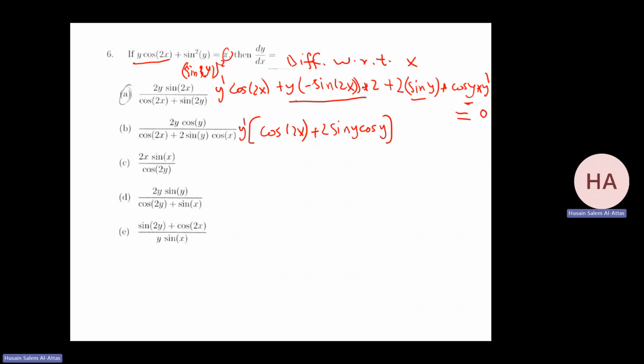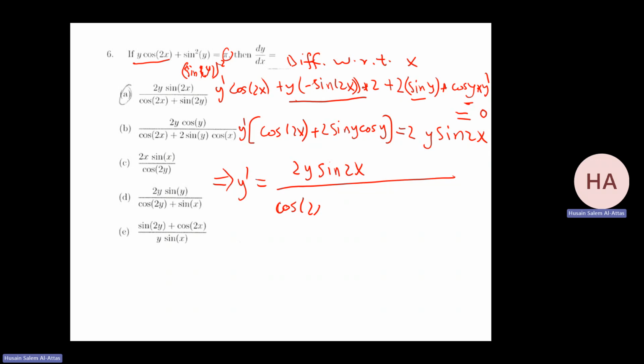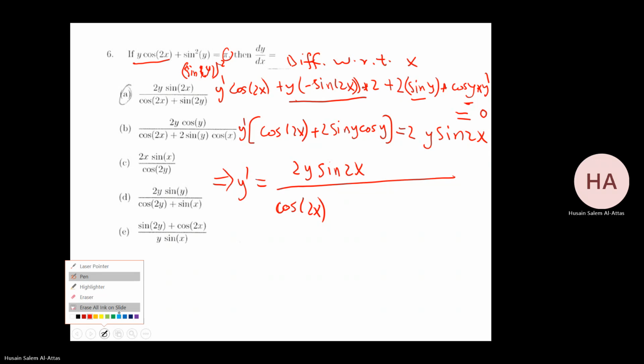This thing, I take it to the other side. So that will be 2y sine 2x. Okay, so y prime equals 2y sine 2x over cosine 2x. You need to notice one thing. What is this?